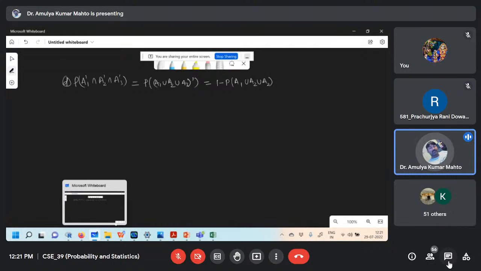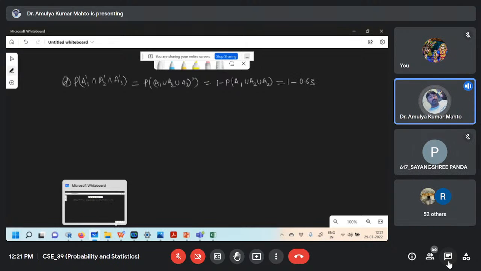The second formula that I have used, probability of A plus probability of A complement equal to 1. So here you can get it as 1 minus, what is the value of this? We have just calculated 0.53. So this will give you the value as 0.47. Fine.